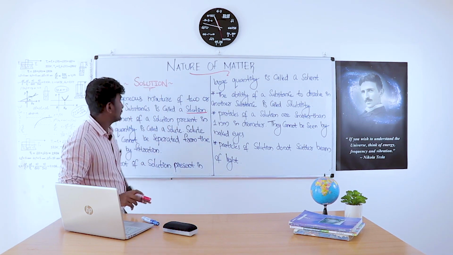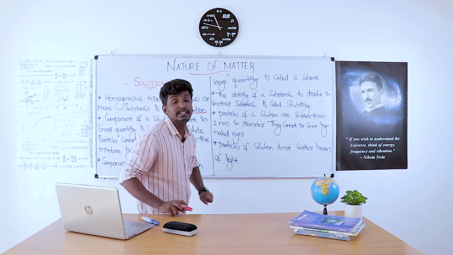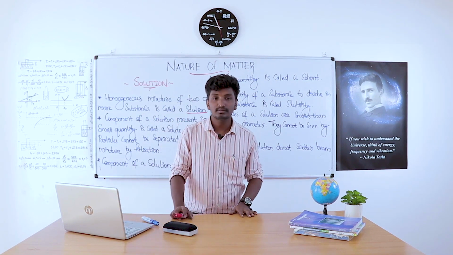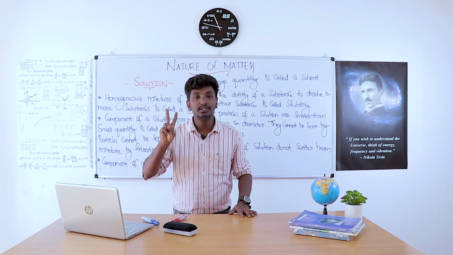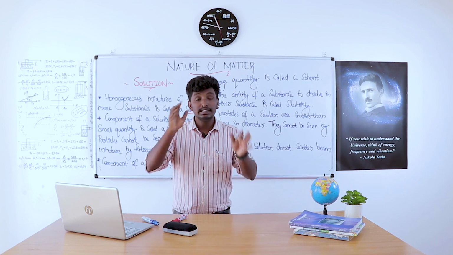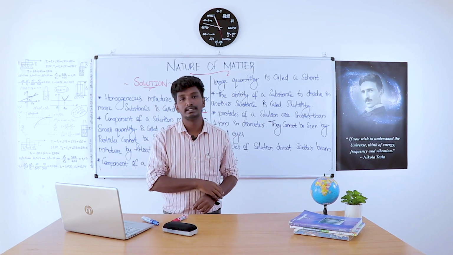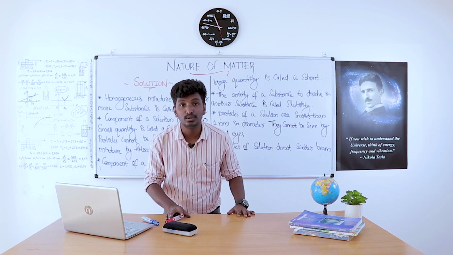The component of a solution present in small quantity is called a solute. We have two terms, a solute and a solvent. A solute plus a solvent gives a solution.